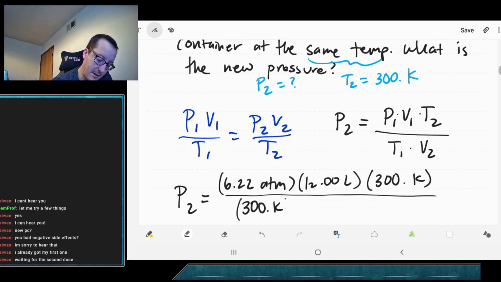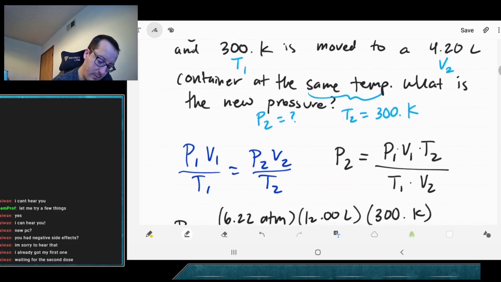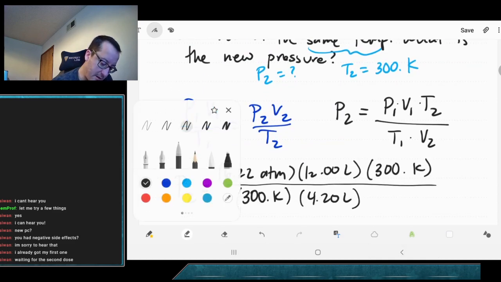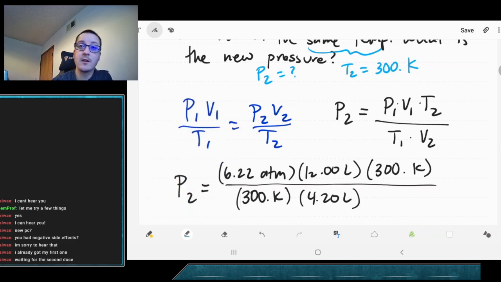And V2 was 4.20 liters. So notice, for unit purposes, liters cancel, Kelvin cancel. So we are going to end up with atmospheres, which makes sense because we're looking for a pressure, right?